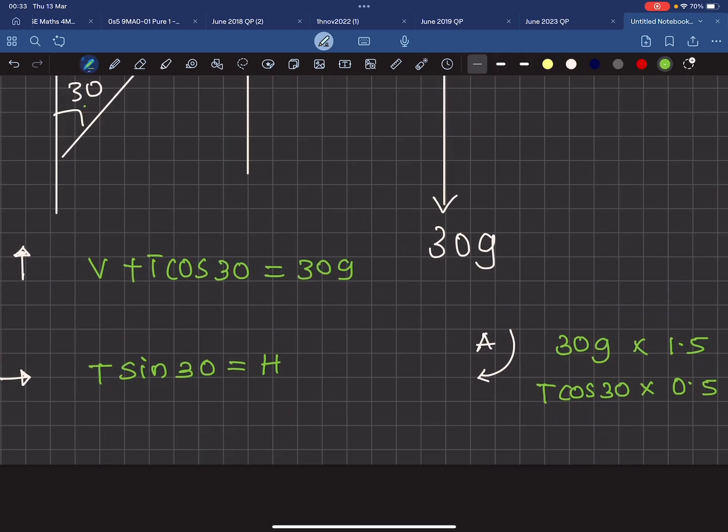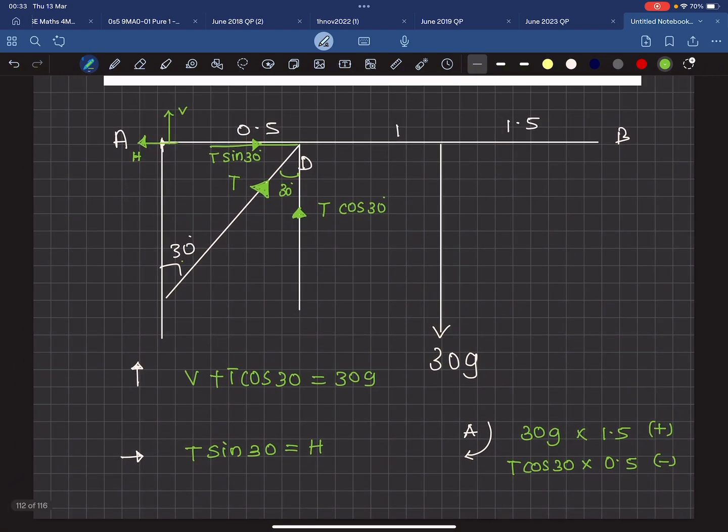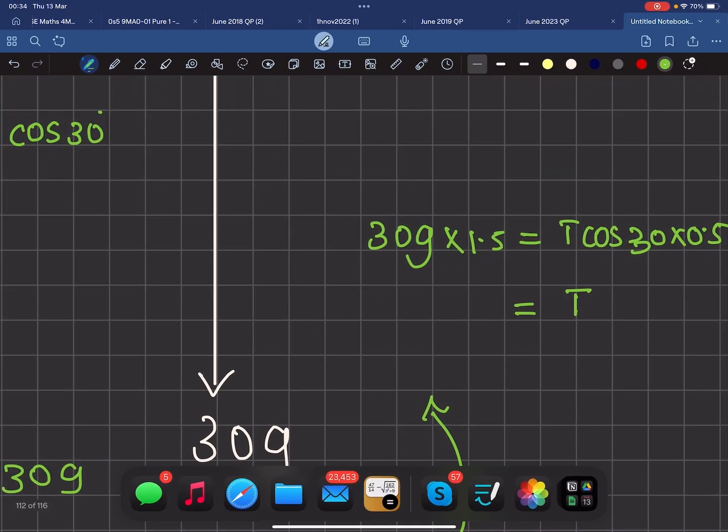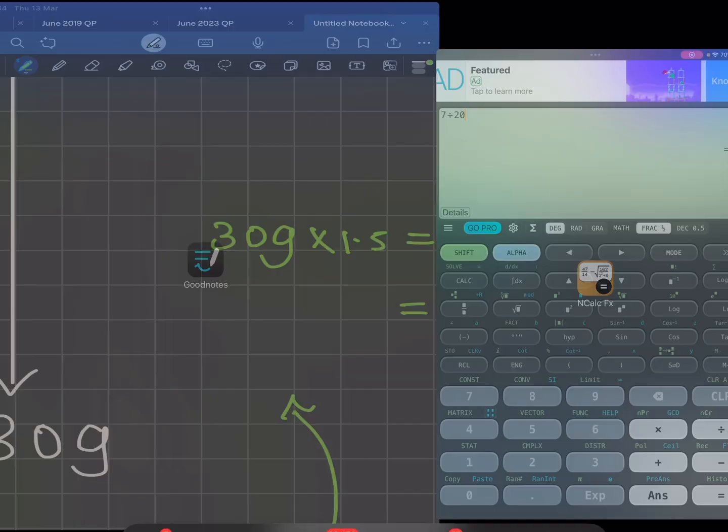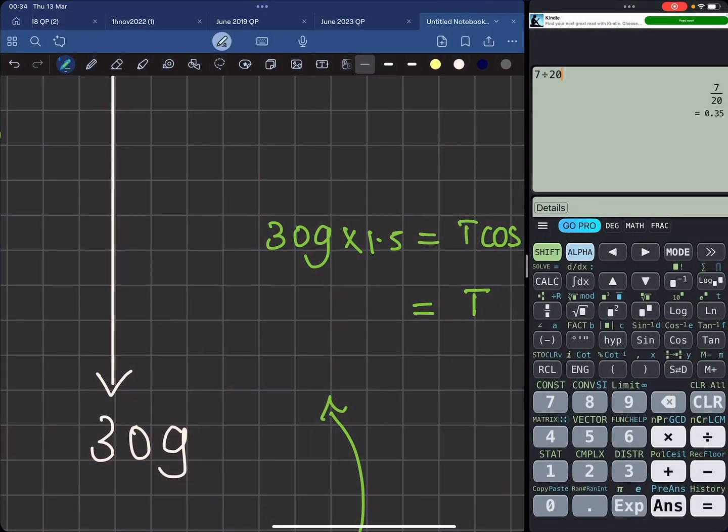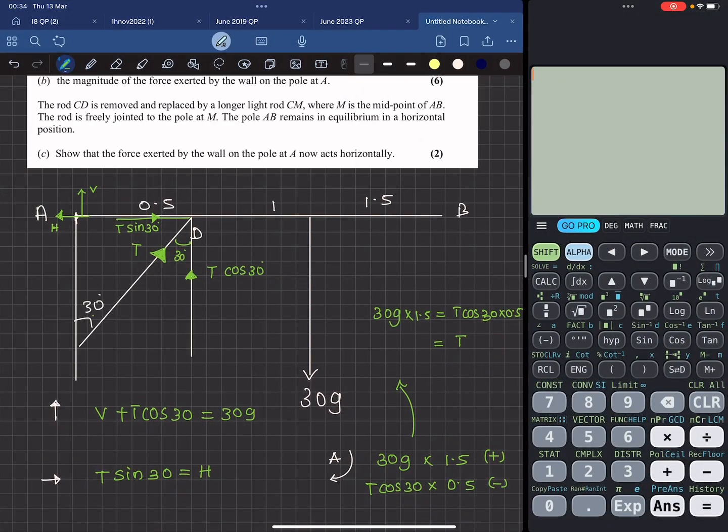So I'm going to resolve this, which is 30. I'm doing the working here. 30G times 1.5 equals T cos 30 times 0.5. And I can calculate what T is from that, which I'm going to do in this calculator. So 30 times 9.8 times 1.5.